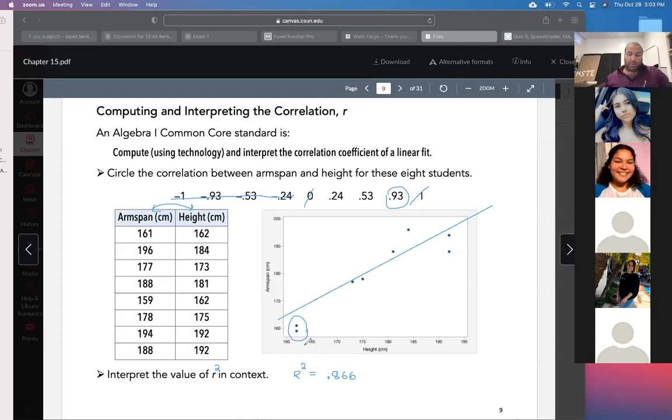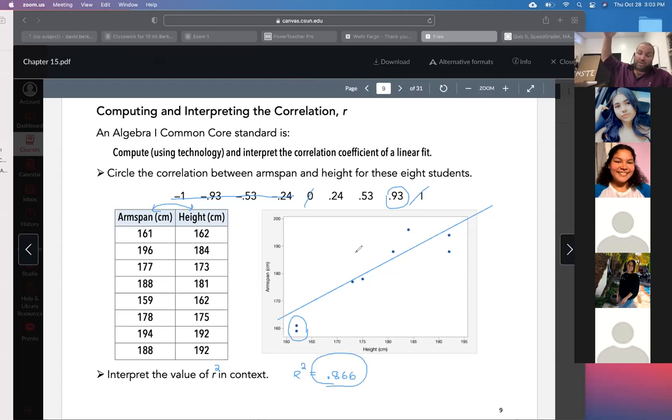So the R squared value tells you how much of the reason that the Y values change can be explained by height changing, by the X value changing, versus every other thing that you're not thinking of. 86.6% of the reason why the Y values change is because the X values are changing.